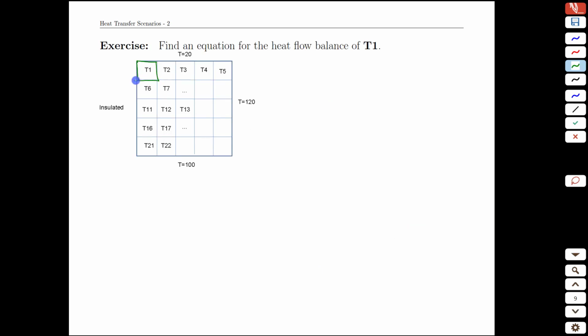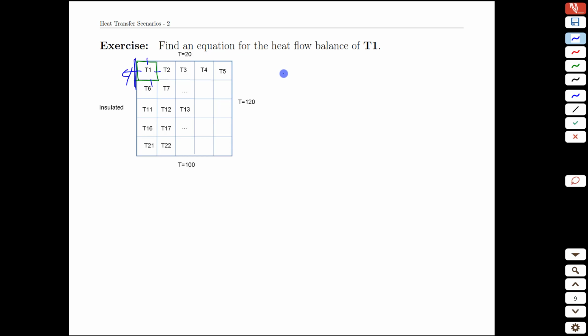If we look at T1, there's two artifacts here. There's an insulated wall that we would say there's no heat transfer going through that at all. However, there are 3 other contact cells, 2 of which are neighbors, and 1 of which is the outside environment.